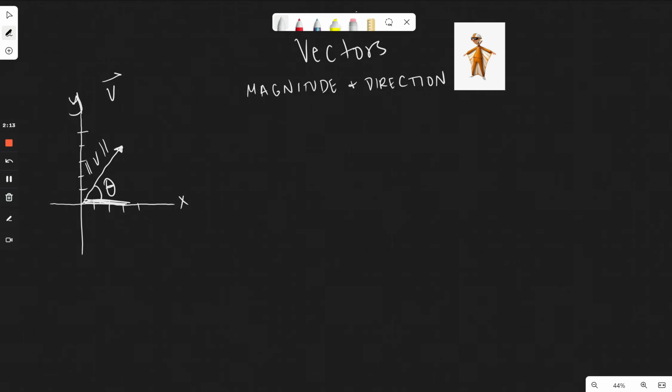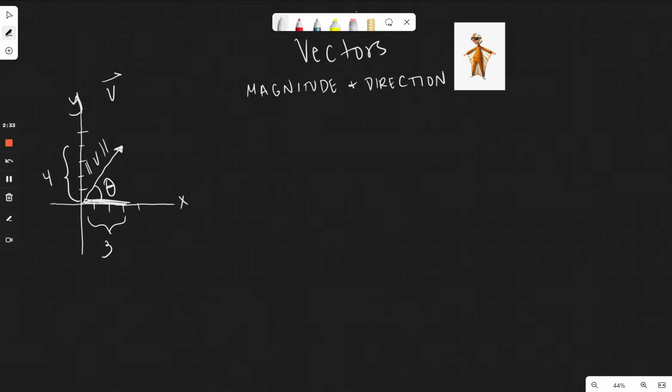Okay, so now you've seen how it can be represented geometrically, but they can also be represented a few ways numerically. So for example, if we take this vector, we can see that it has an x component of 3. It goes 3 to the right, and then a y component of 4.